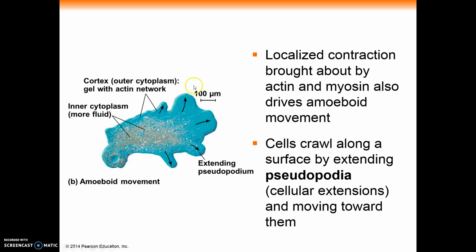Then they can adhere to a surface, and then using contractile myosin and actin fibers, can pull the rest of the cell in behind it. So this is extended mostly through actin polymerization. We're building fibers that get longer and longer and spread this edge. And then we have more organized fibers that will pull the tail in behind.